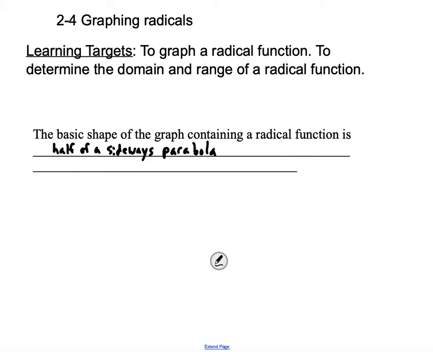So if you know our parabolas, they normally look like this. If I go sideways, it would look like that. And half of it would be like that. So basically this is the shape of a radical.